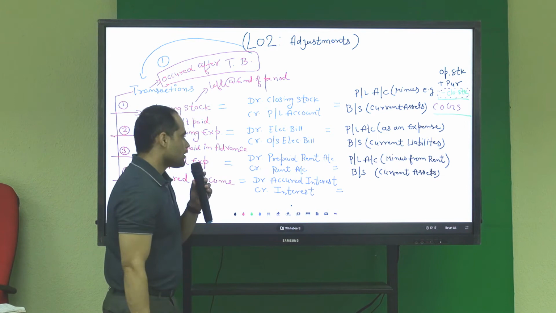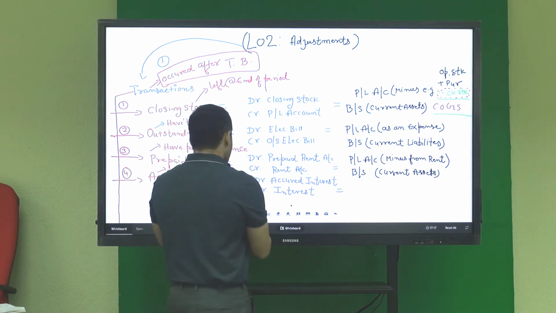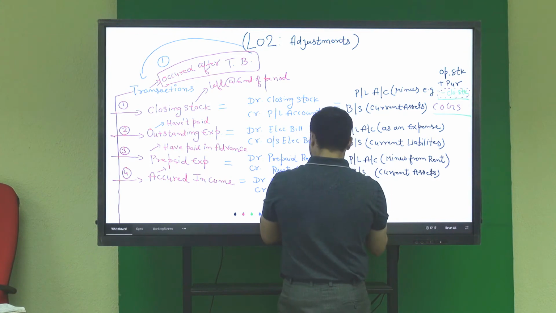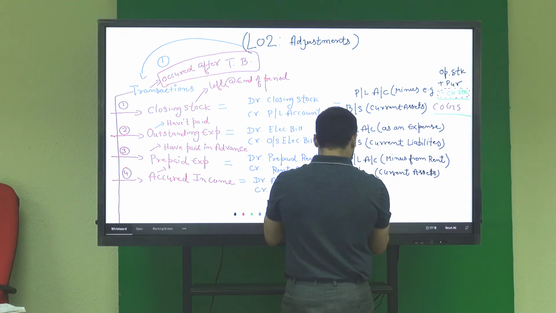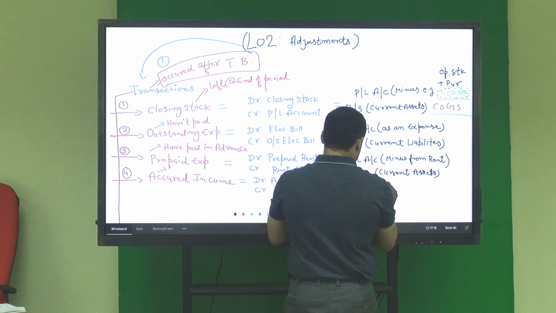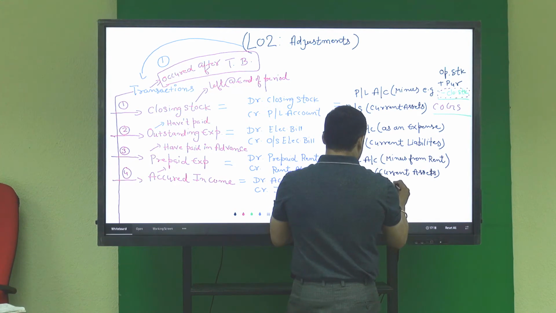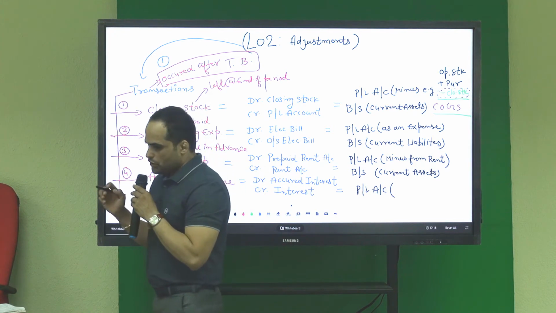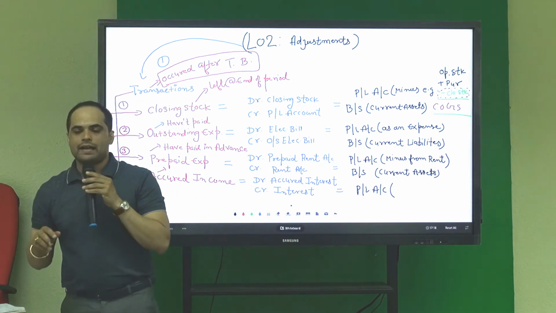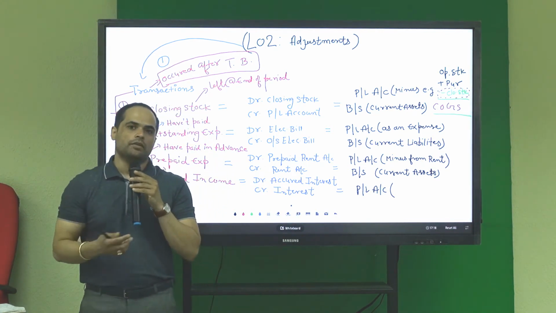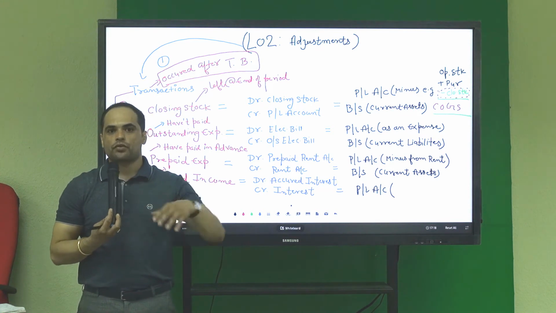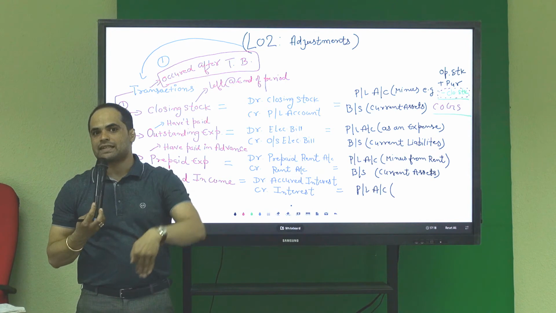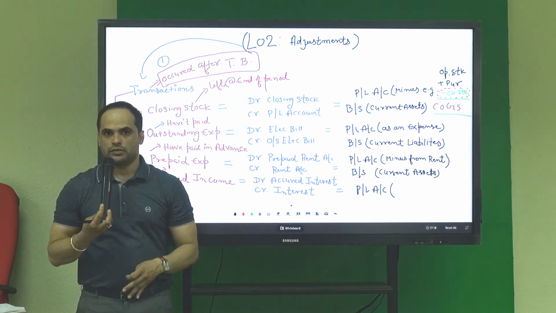It will, of course, be part of your profit and loss account. It's an income, all right? If it's an income, then of course it's going to maximize your revenue or minimize the cost.